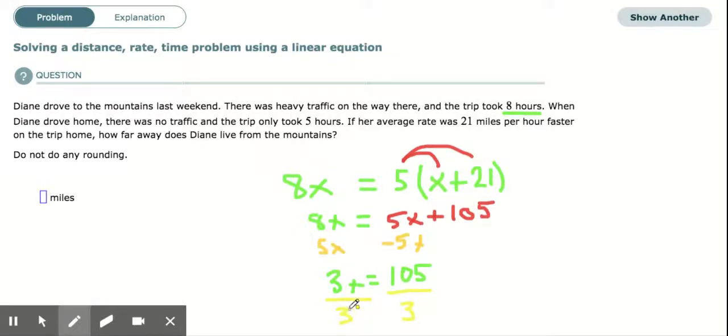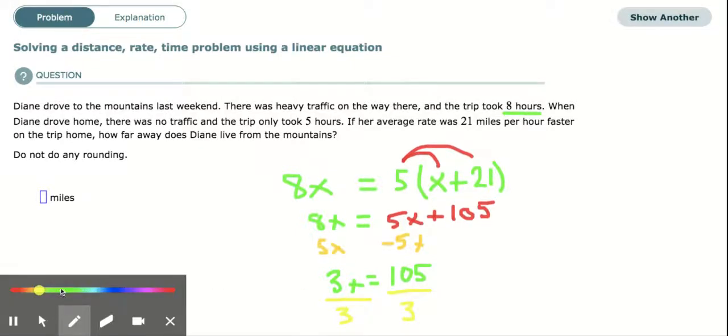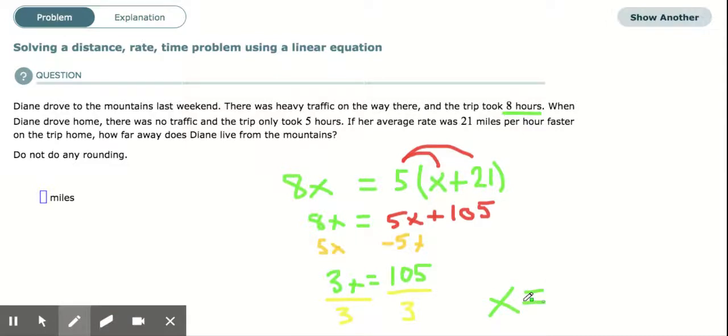So if you do 3 divided by 3, that cancels out, which means that x equals 105 divided by 3, which is 35. Right? 3 times 30 is 90, and then 3 times 5 is 15. 90 plus 15 makes 105.